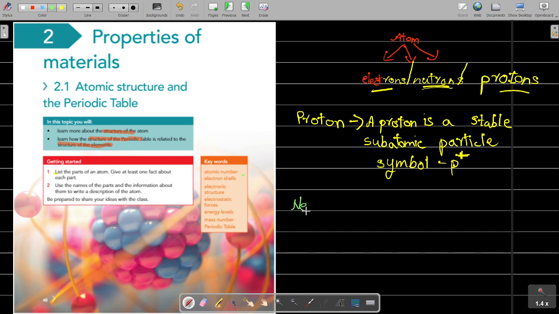Okay, neutron. A fact about neutron. The neutron is a subatomic particle.